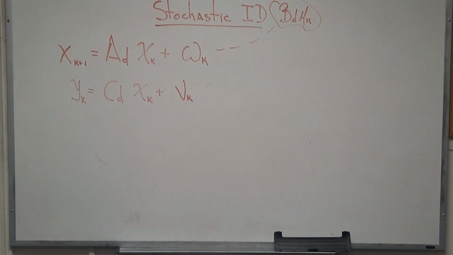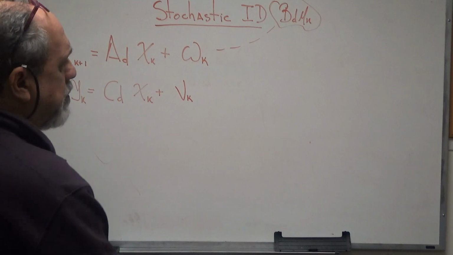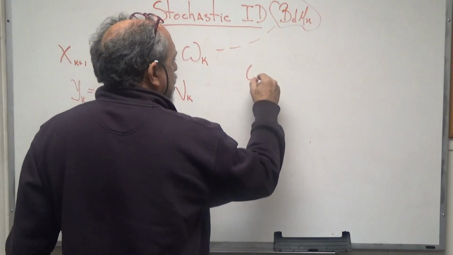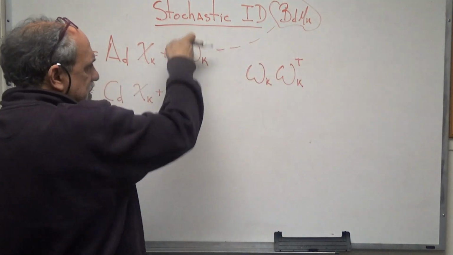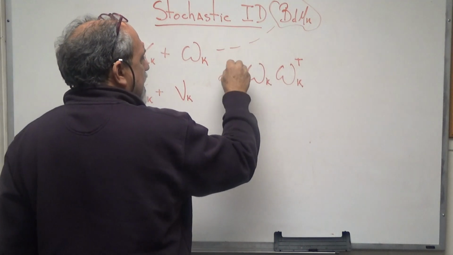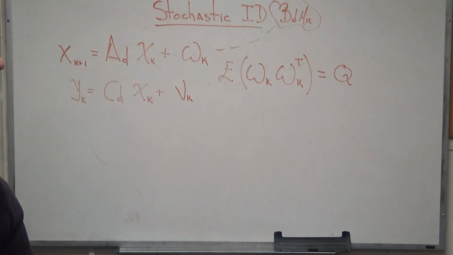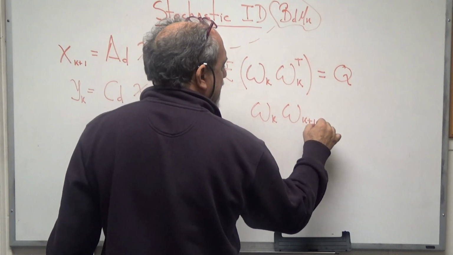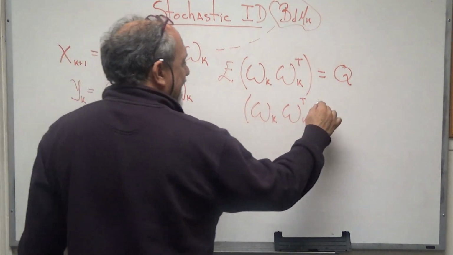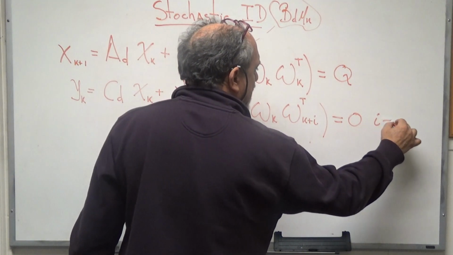Okay. So what we will assume is that omega_k times omega_k transpose, that is this vector times itself, has an expectation which is Q, and that omega_k and omega_(k+i) transpose has an expectation which is 0 for i not equal to 0.